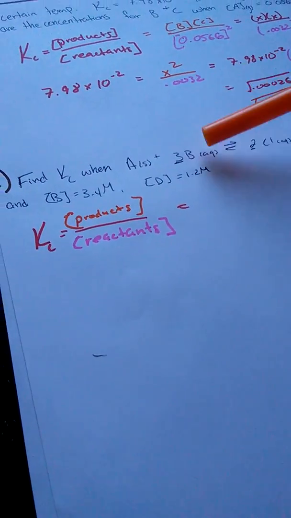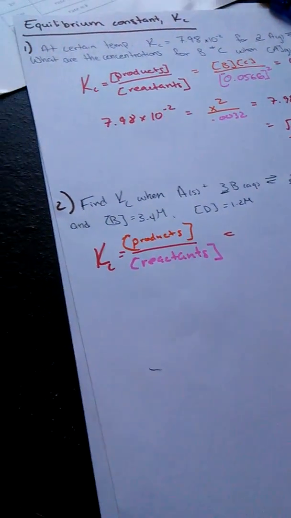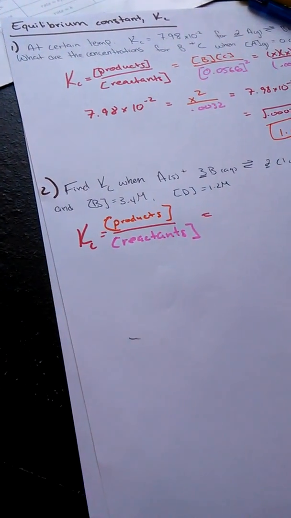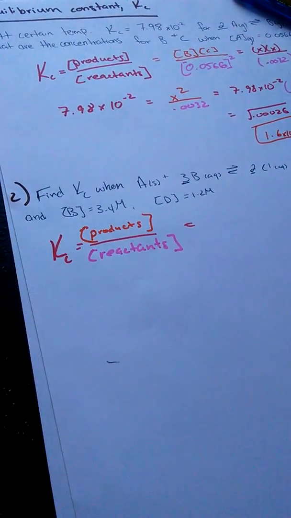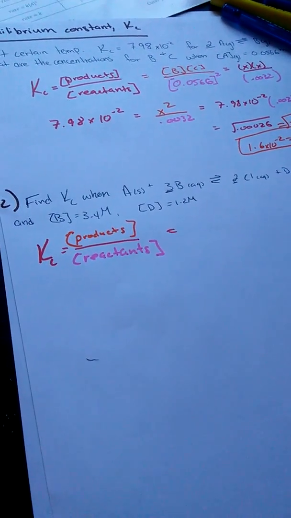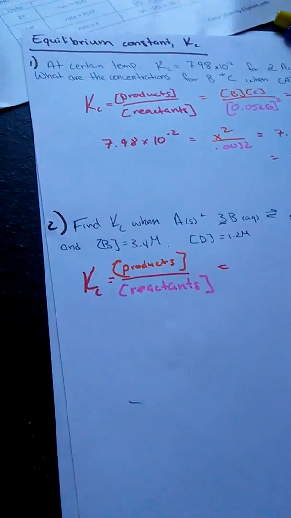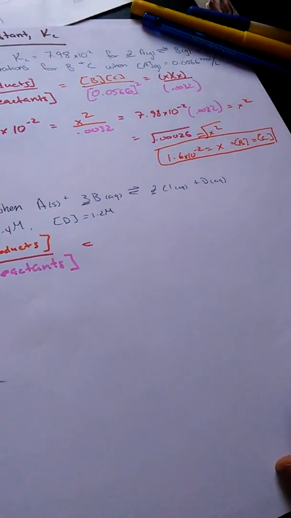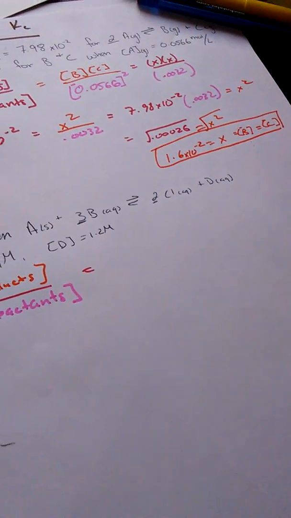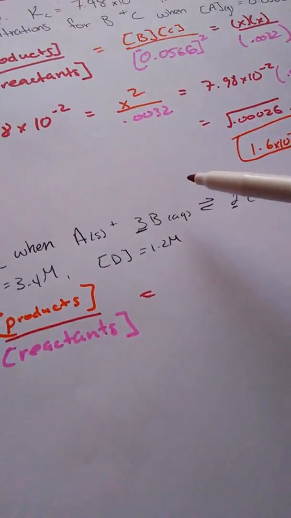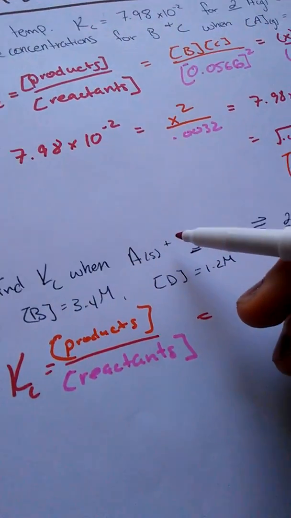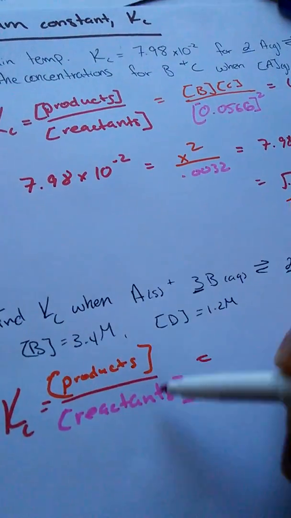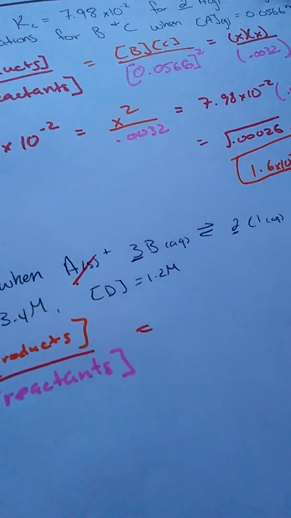The reason why they only give us D and B is because when it comes down to the equilibrium constant, we only take into consideration aqueous solutions and gases. So this A is solid. So when it comes to Kc, we don't take it into consideration.